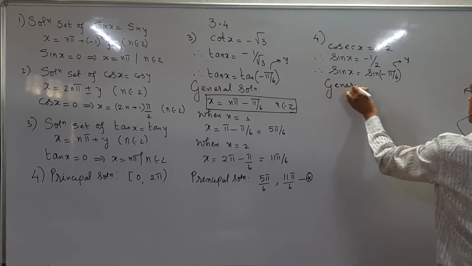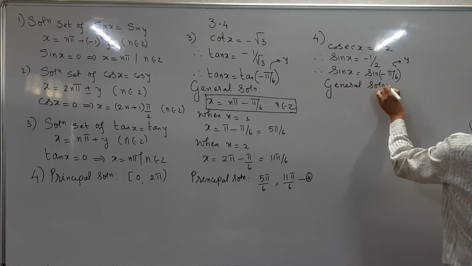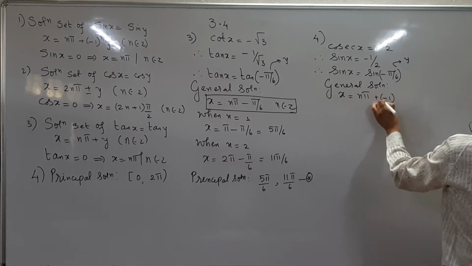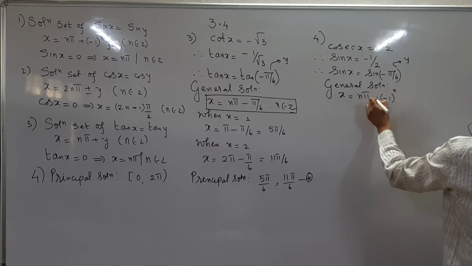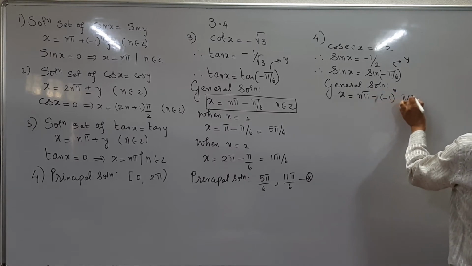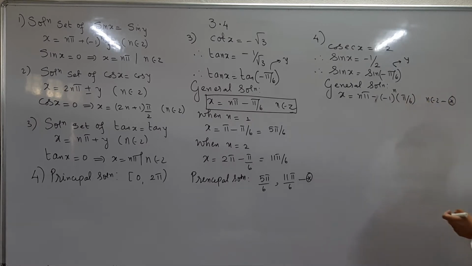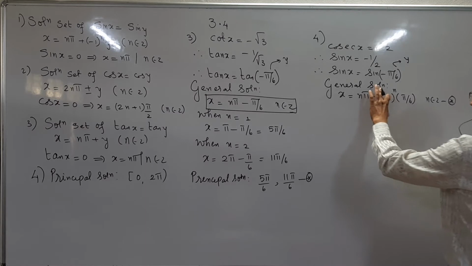So the general solution will be x is equal to n pi plus minus 1 raised to n. This minus sign I can transfer here and write pi by 6, where n belongs to z. This is the general solution.